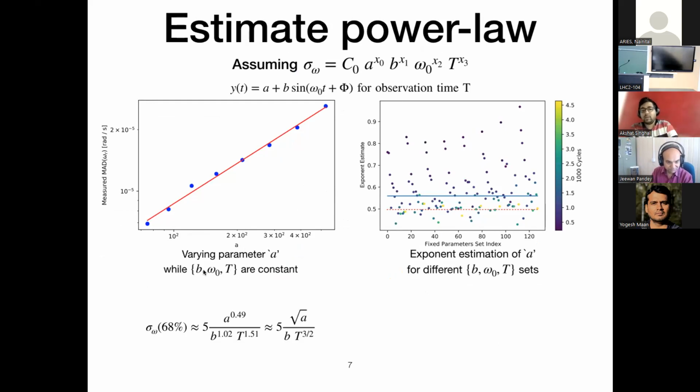You take some other B, omega naught, T, and ideally you should get the same, but because of statistical reasons, they have some randomness. If you remove the outliers, which are the low SNR and low observed signals, you get a more consistent exponent. So you can then report this quantity, a to the power 0.49, with much higher accuracy. If you don't do this outlier removal, then the error on this exponent is quite high. Yeah, it's still a bit unclear, so I'll catch you on Slack.